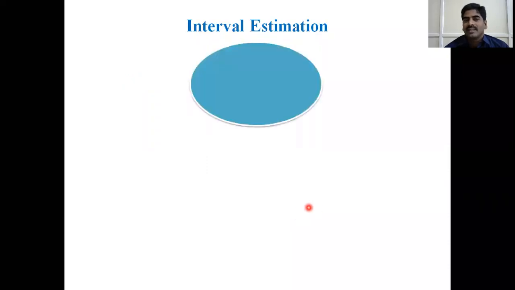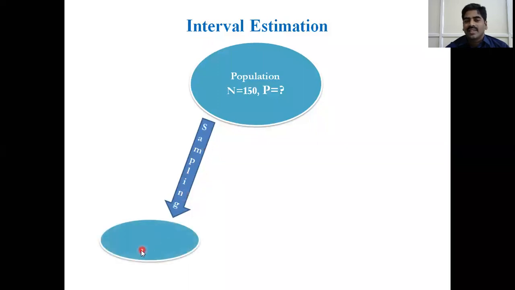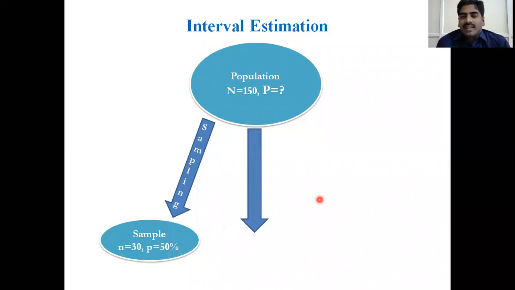See here, this is the population of size 150 subjects, and we don't know the population parameter because we are not doing an entire population study, we are doing only a sample study. I have taken a sample of size 30, and here P is equal to 50%. If you do the same study again, and the sample size is also 30, what prevalence will you get here?